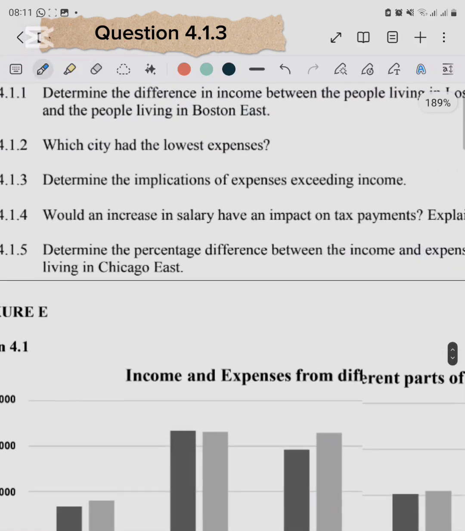So the implications would be there is a shortfall. This one, you can say there's a shortfall. This would suggest that people are going into debt, you could say.